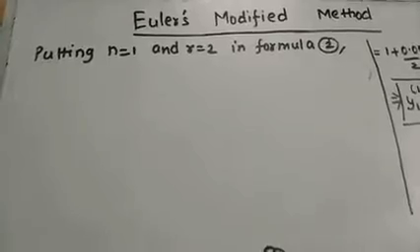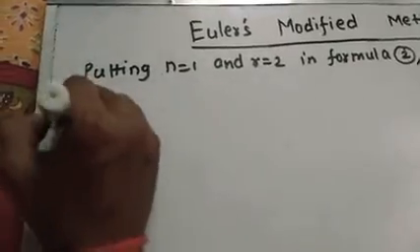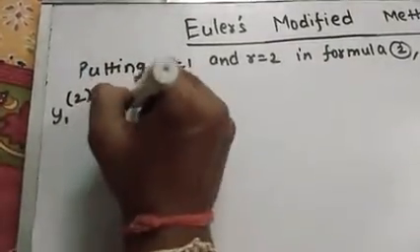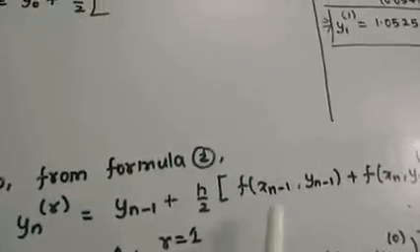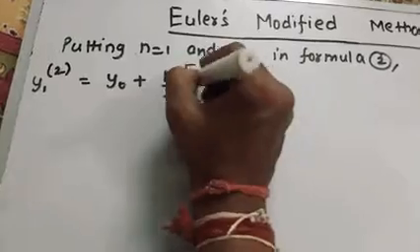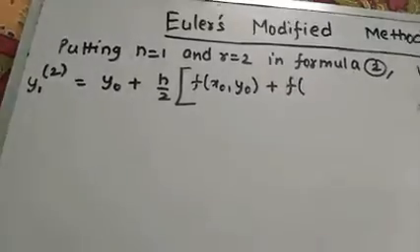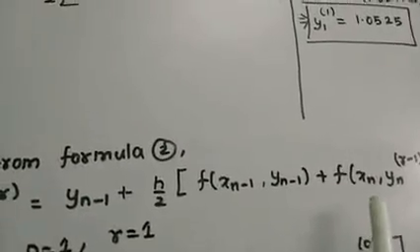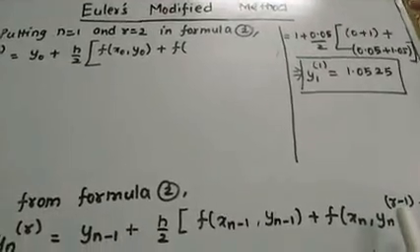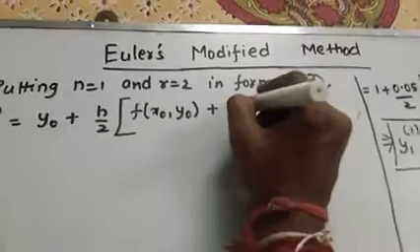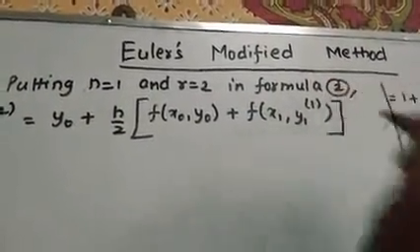So putting n equals 1 and r equals 2 in formula number 2, y1 of 2 equals y0 plus, I'm just writing the formula, h by 2, f of x0 comma y0 plus f of x1 comma y1. n is here 1, so this will always remain x1 comma y1, and r is here 2, be careful, so 2 minus 1, that means it will become 1, bracket close.